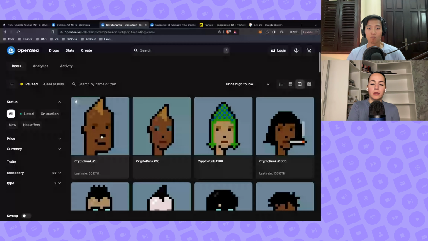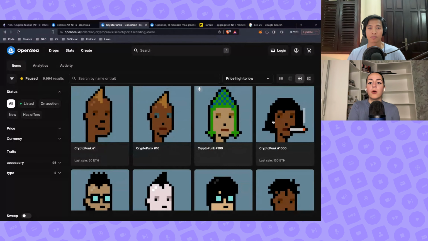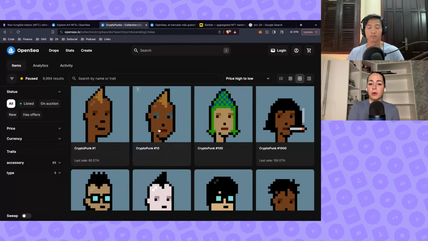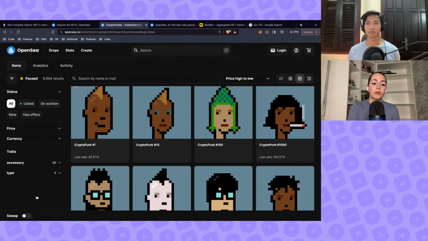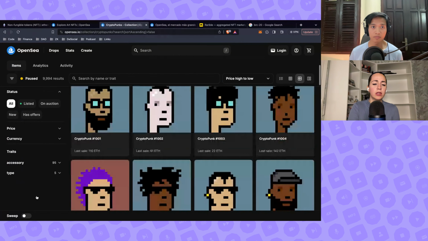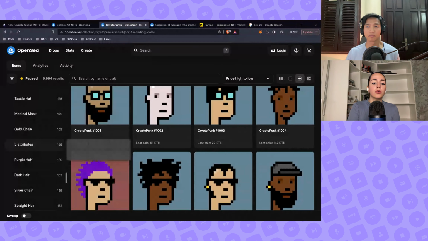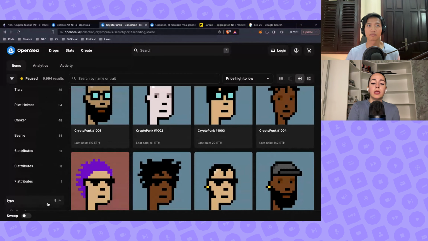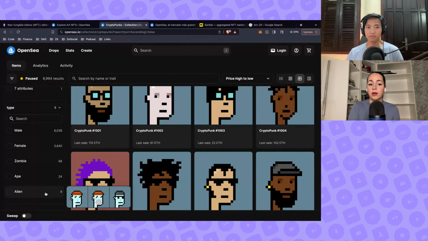I'm going to show one that was one of the first, the CryptoPunk. Here we can see the ID 1, 10, 100, and despite these ones being very similar, they have some differences because a lot of NFT digital collections are generated randomly with different characteristics. Here, traits are the accessories or the skin color, etc. They are generated randomly, and some of the qualities, like for example alien, are more rare than others.